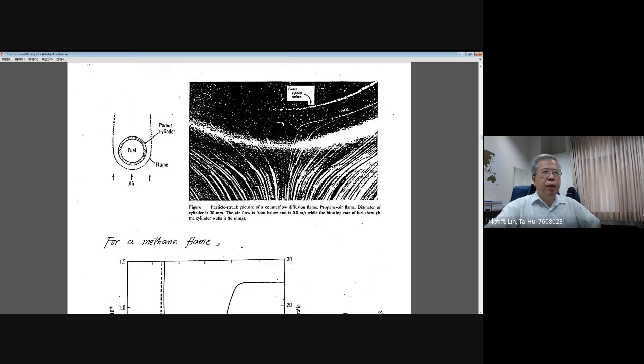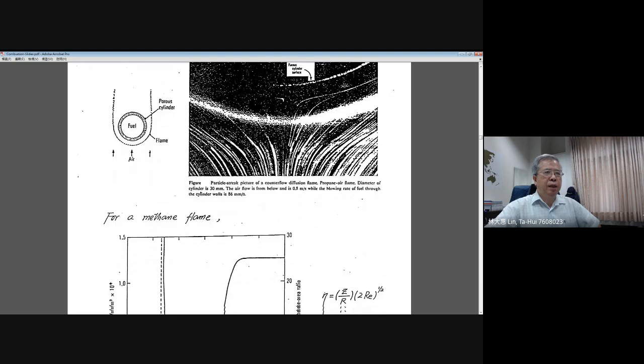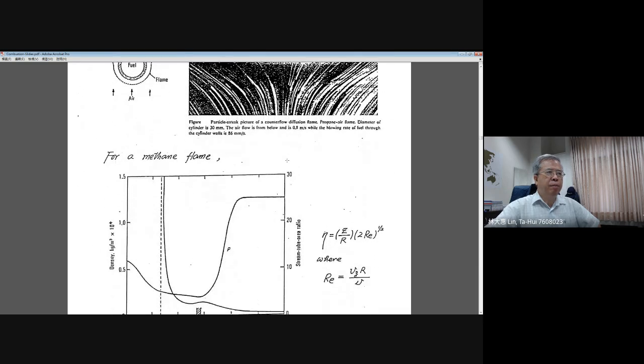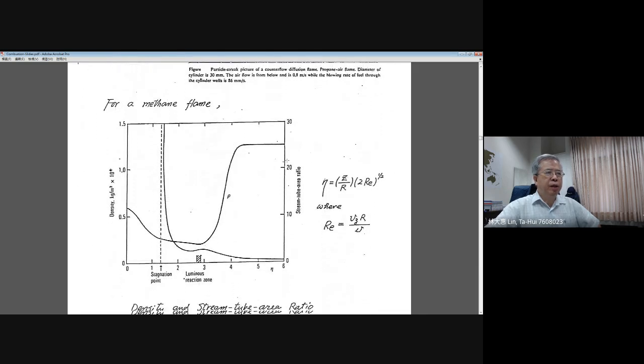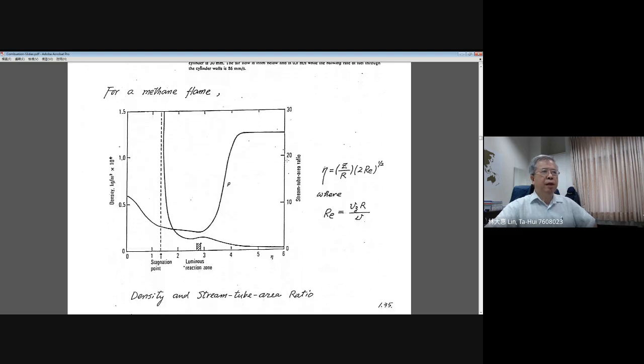Okay, now let's see. This picture is basically for the propane-air flame, but they did another experiment with methane, and they give you some experimental results. These figures show you the density and the strain tube area for a given methane flame. Here you can see the horizontal axis, eta. The definition of eta is basically the position of the flame and also the position of the measuring point.